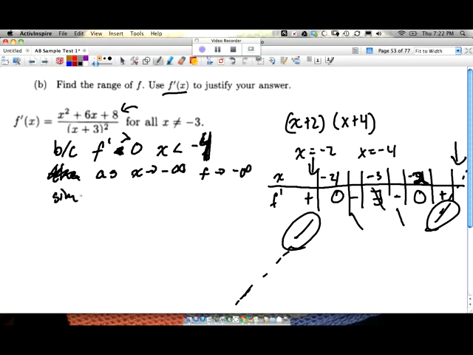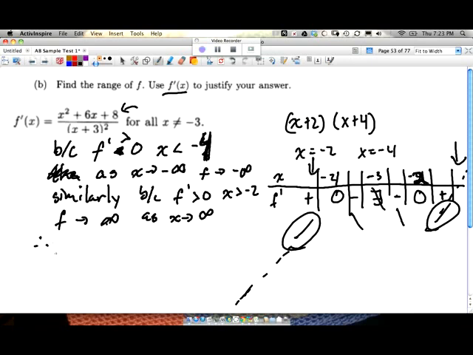And similarly, because f prime is also greater than 0 when x is greater than negative 2, f goes to positive infinity as x goes to infinity. This means, what's the range? Therefore, the range is negative infinity to positive infinity. It goes all the way down and all the way up.